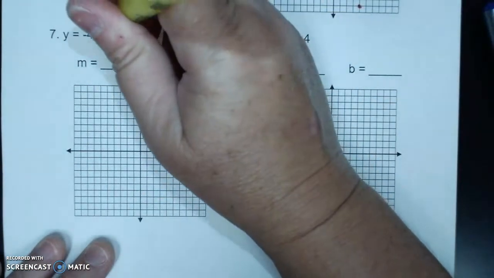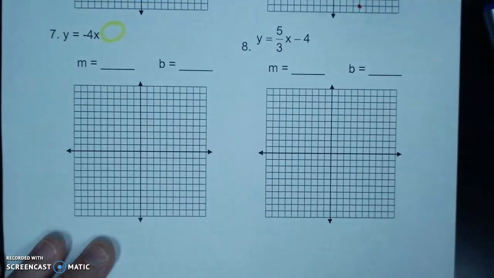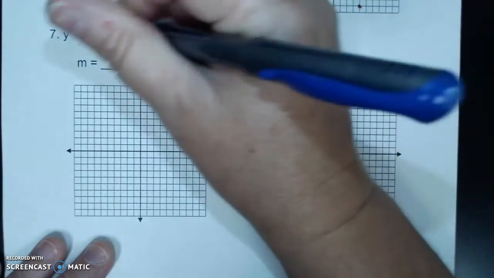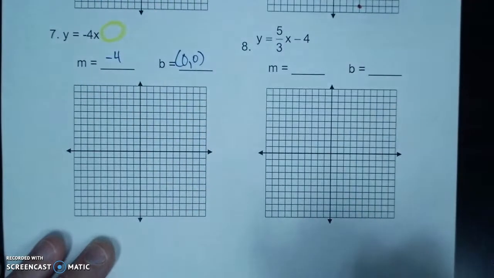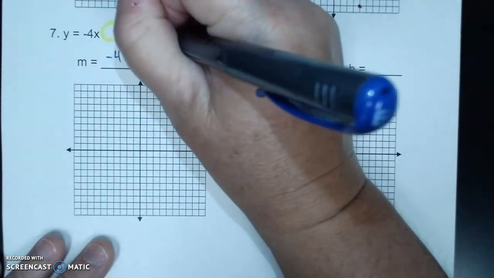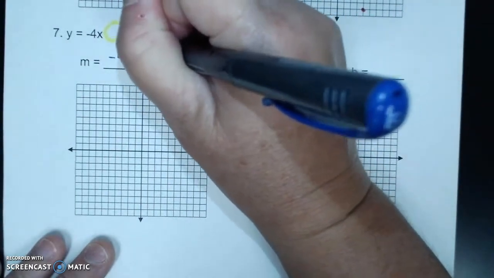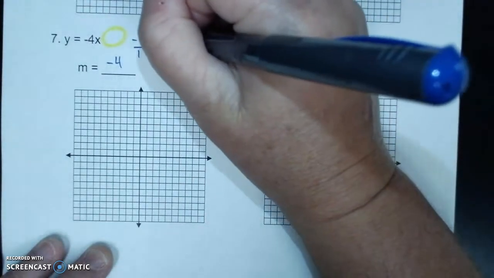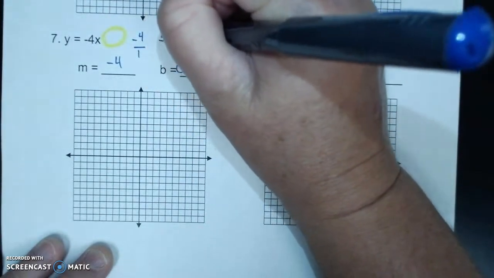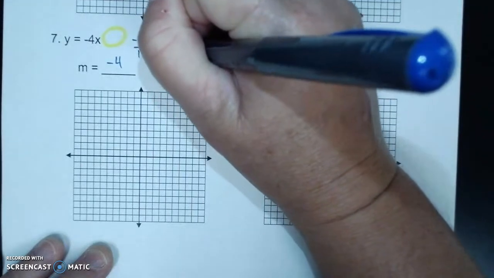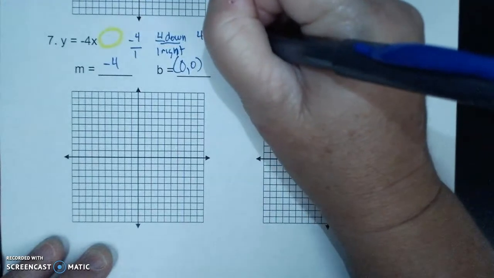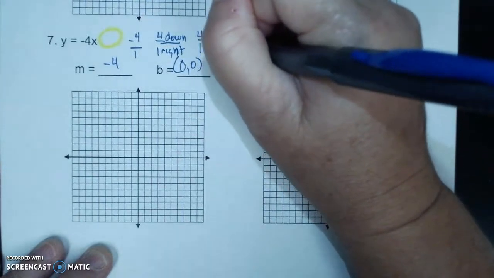Here there is not a b, so my b is going to be 0, 0. My slope is -4. With my slope being -4, I'm going to write it in fractional form with the negative on top, which is 4 down, 1 right. Reversing the direction would be 4 up, 1 left.